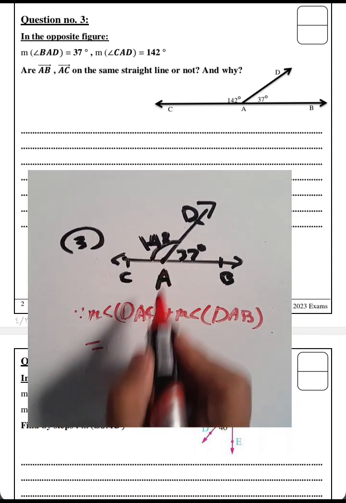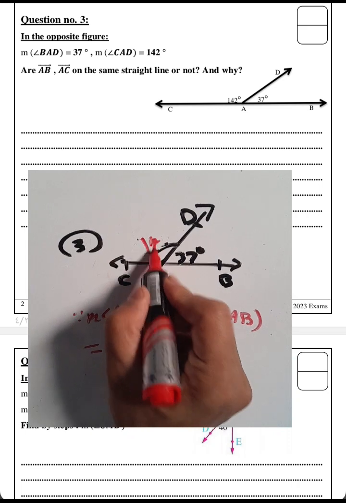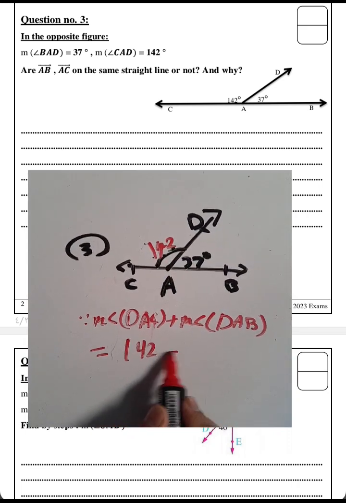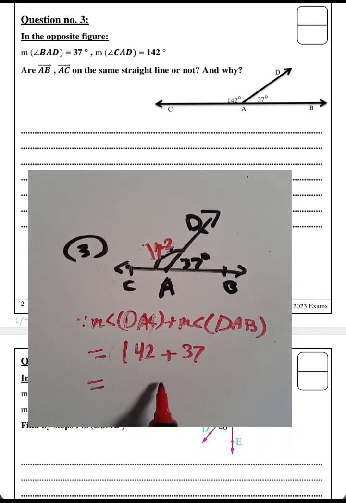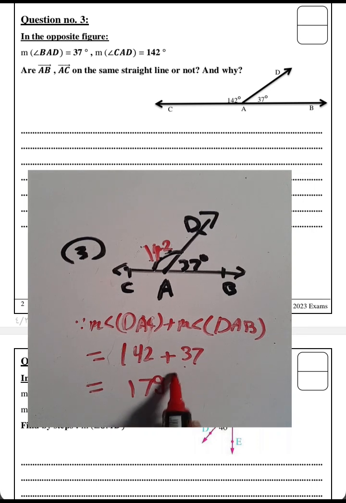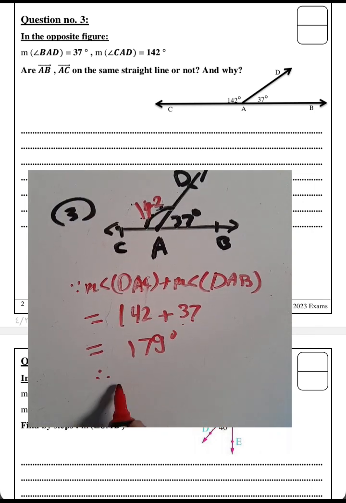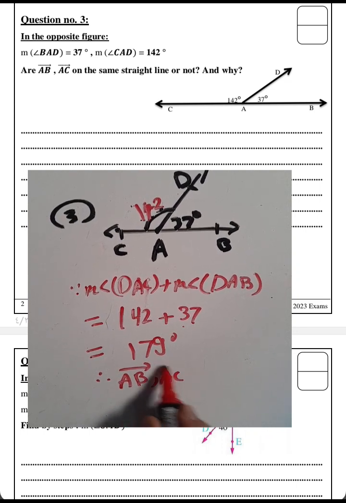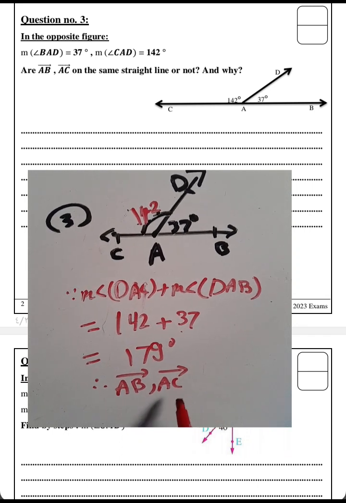This angle, the measure of it equals 142. The measure of the angle here is 37. 7 plus 2 it will be 9, and 3 plus 4 is 7. The result will be 179. Then the ray EB and the ray EC aren't on the same straight line, okay?